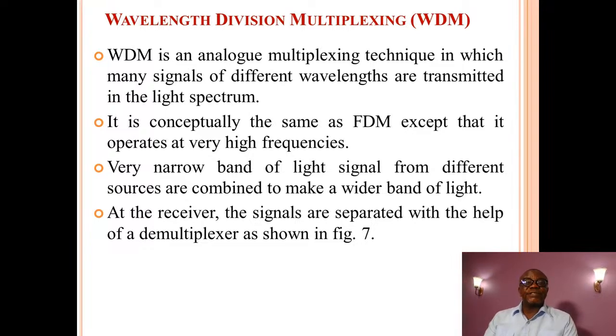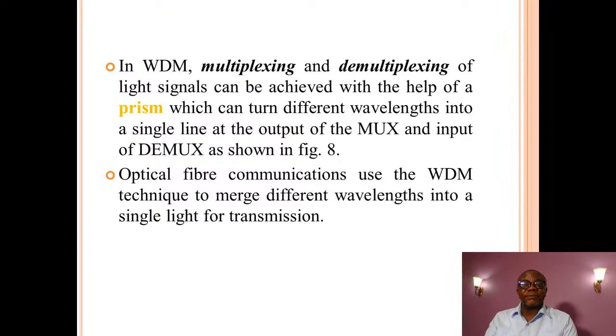It is conceptually the same as FDM, except that it operates at very high frequencies. Very narrow bands of light signal from different sources are combined to make a wider band of light. At the receiver, the signals are separated with the help of the demultiplexers as shown in Fig 7.